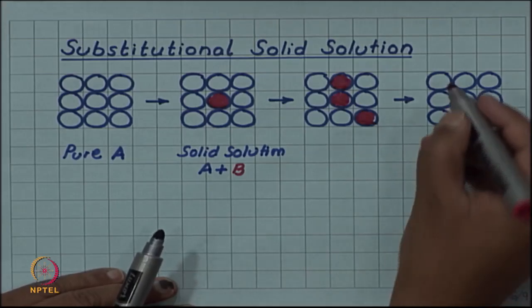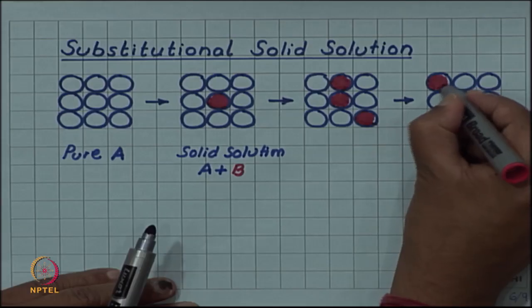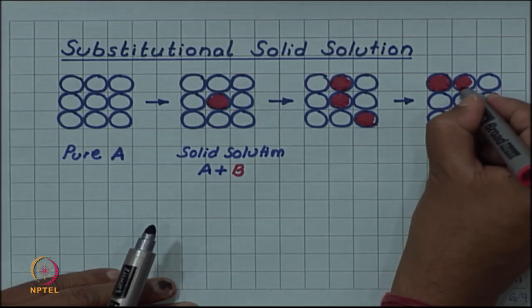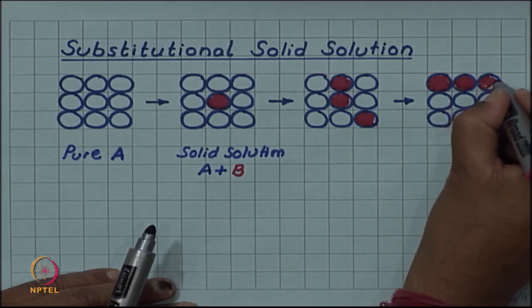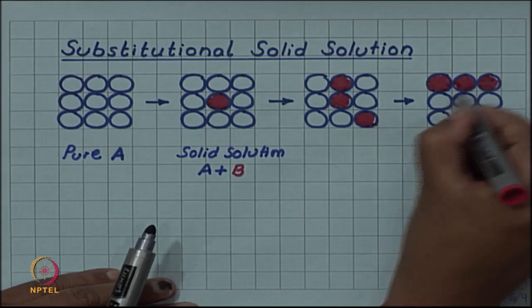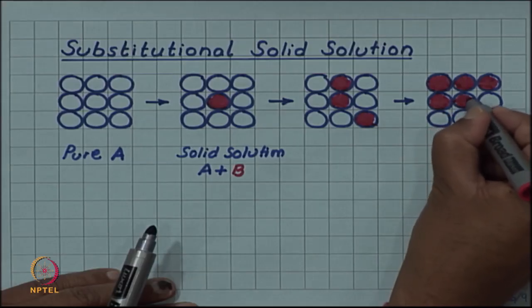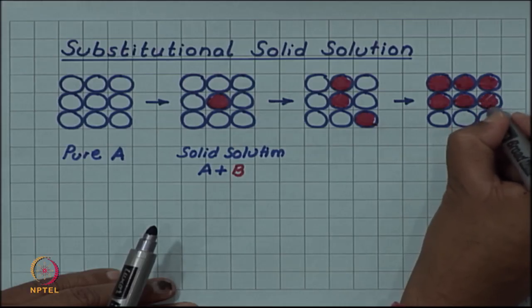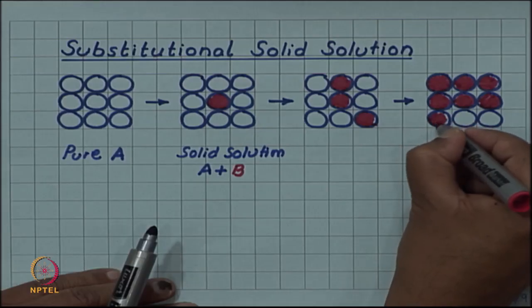If I continue this process, at least there is no geometrical constraint, one by one I can keep substituting all the A atoms by the B atoms. So, instead of pure A, I get to pure B. Unlike all voids filling leading to an upper geometrical limit, there is no such geometrical limit in the substitutional solid solution.